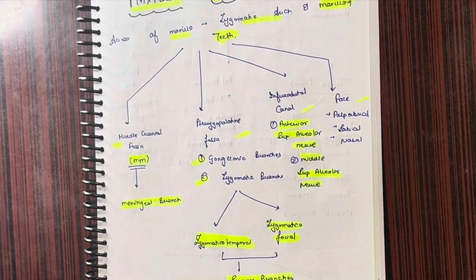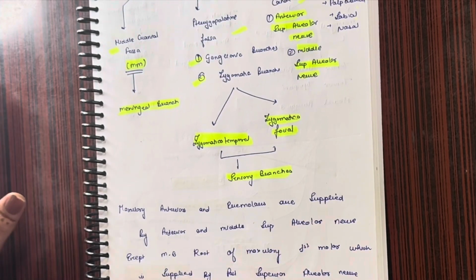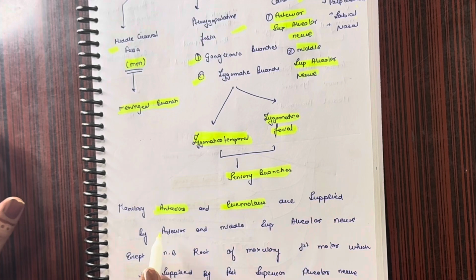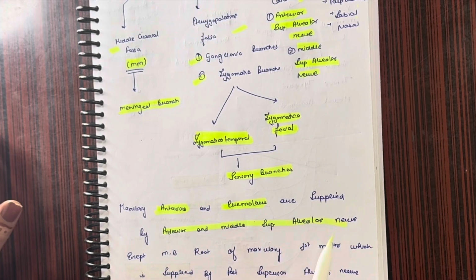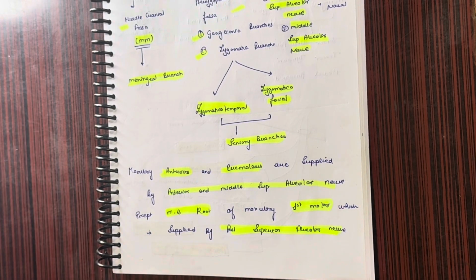Now, the most important aspect is that the maxillary anteriors and premolars are supplied by the anterior and the middle superior alveolar nerve, except the mesiobuccal root, which is supplied by the posterior superior alveolar nerve. This is very important. So, if you have to anesthetize the first molar, you also have to give consideration to the middle superior as well as the posterior superior alveolar nerve block.